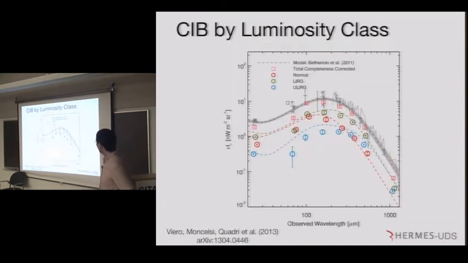Then you can split it up by luminosity class. It's not that exciting to split it up by luminosity class, except to find that a galaxy model from 2 years ago seemed to have predicted this already. The Béthermin et al. model seemed to have predicted this already, and we seem to disagree with it for the most luminous, the brightest, these dusty starbursts, the ones that we've already heard might be the problem that is causing us headaches.